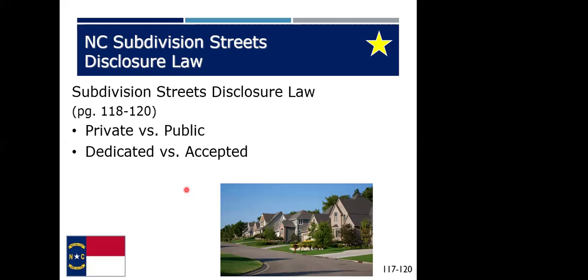We'd like to think, but we're not DOT, and I can't tell you what they're going to say. Never look at a buyer and say, oh, I'm sure DOT will accept it. Don't worry about it. Because if the developer doesn't build the street the way DOT expects, they're not going to accept responsibility, which means that street will be private. And as we said, who maintains a private street? The homeowners. So we kind of need to give them that caveat.